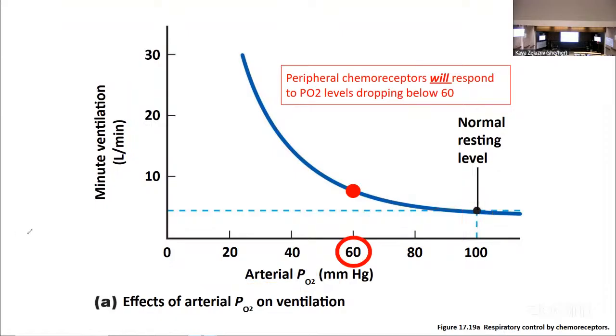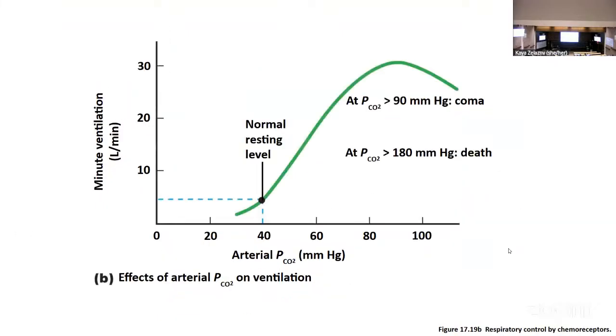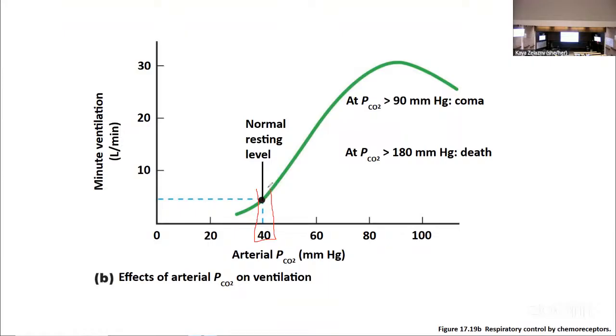So usually, those peripheral chemoreceptors are responding to our carbon dioxide levels changing and therefore our pH levels changing. Our normal expected partial pressure of carbon dioxide in an artery is 40. As we pass by tissue, we pick some carbon dioxide up, so in a vein it would be at 46.